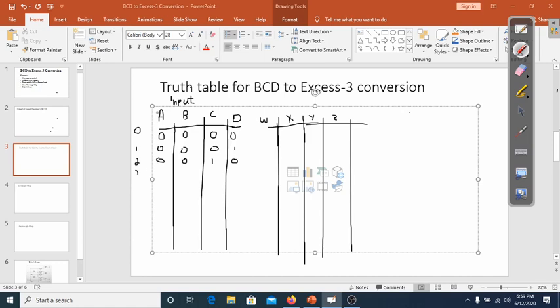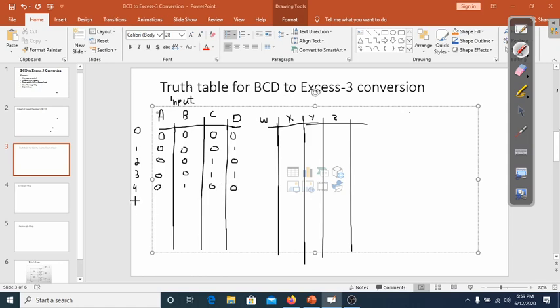For 3, this is 0 0 1 1. When the decimal number is 4, this is 0 1 0 0.